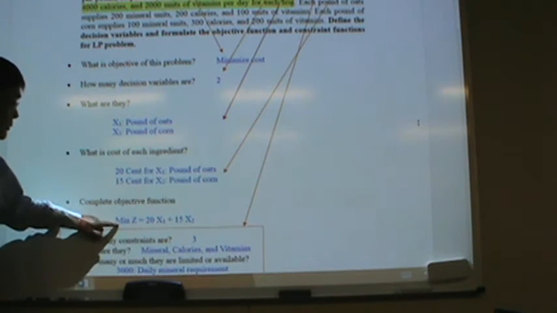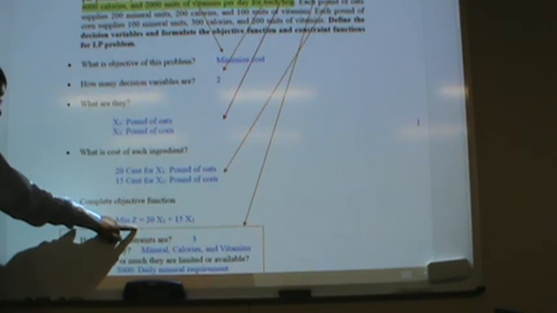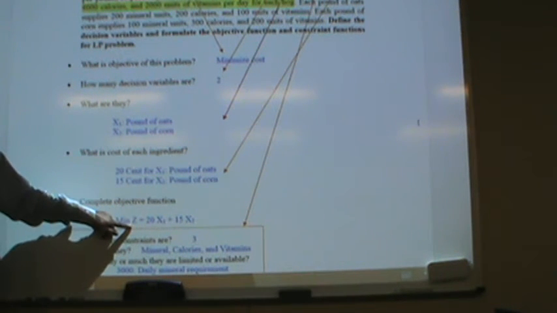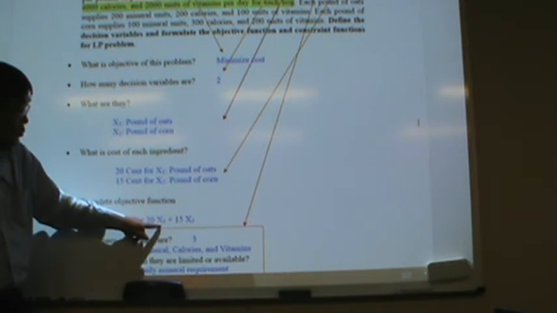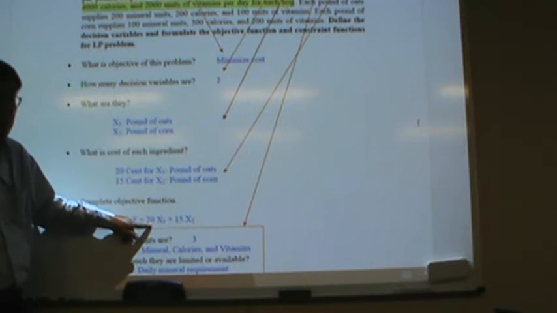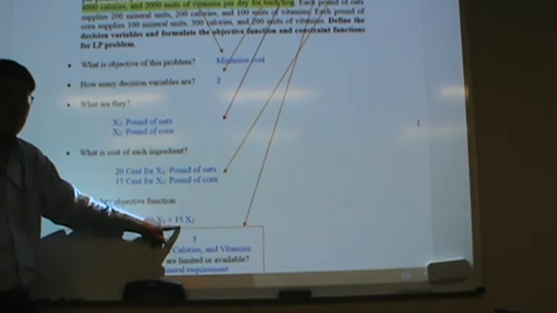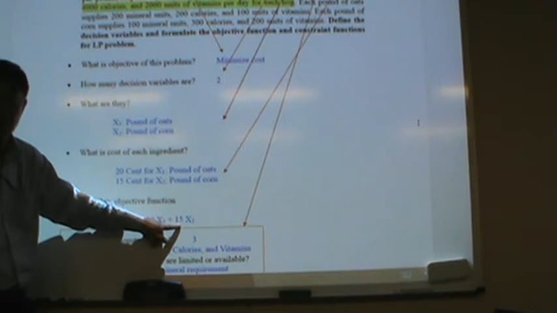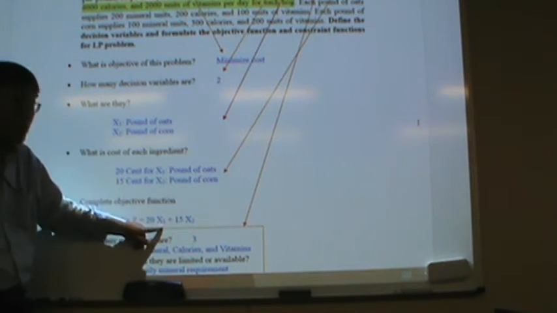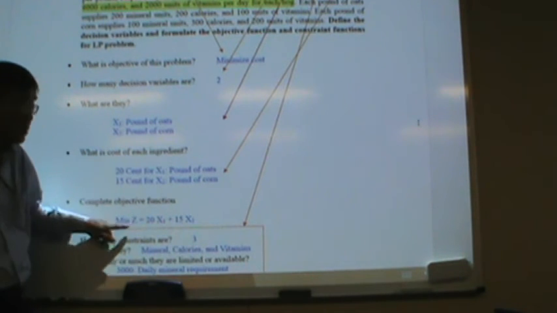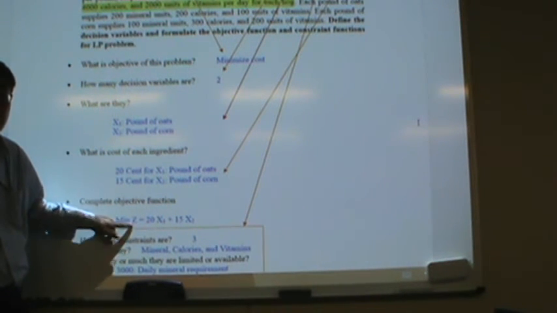Minimize Z, where Z means cost, right? X1 is oats, 20 cents cost. X2 is corn, 15 cents cost. So with how many oats and how much corn, the total cost is what we try to minimize.